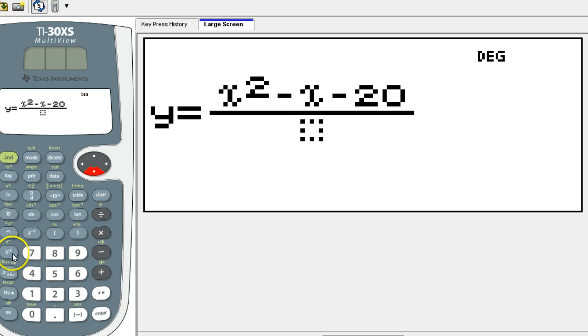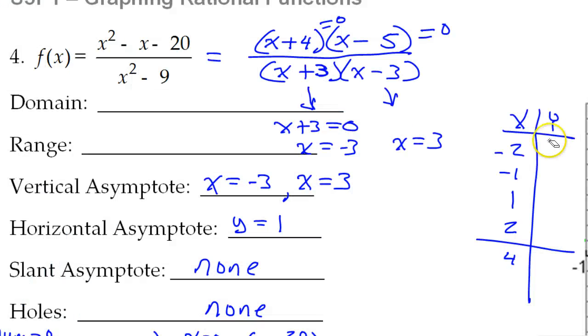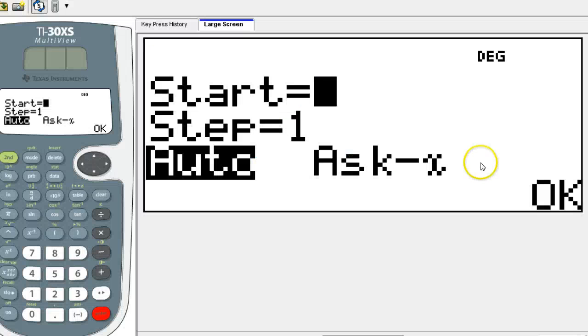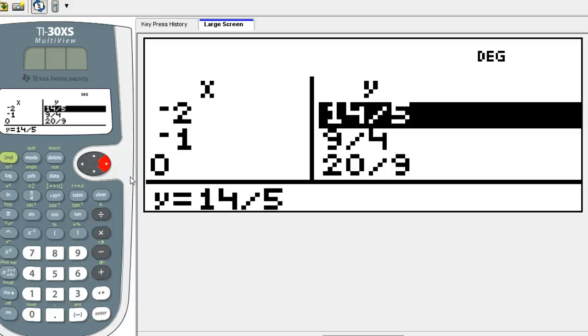I want to know what's happening at -2, so that would be a good place to start. At -2, we got 14/5. I'm going to toggle it: 2.8.